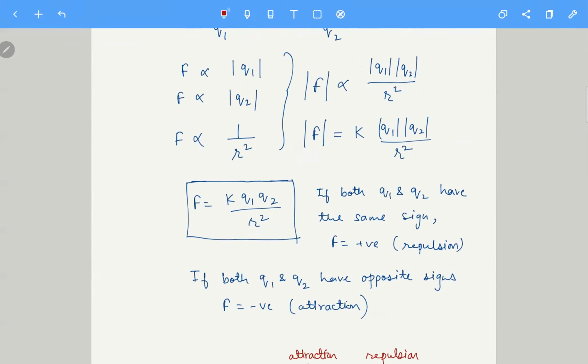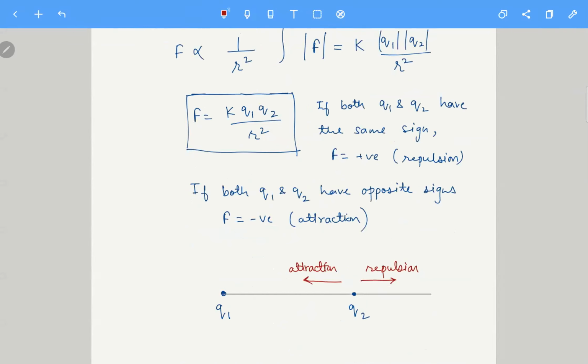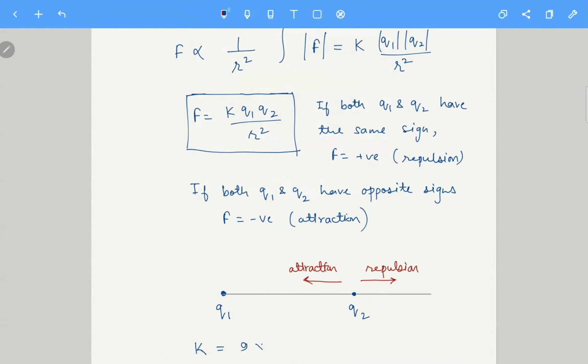The value of this constant K has been known to us. Its value is different in different media. The value of this constant K is approximately 9 into 10 to the power 9 Newton meter square per Coulomb square.